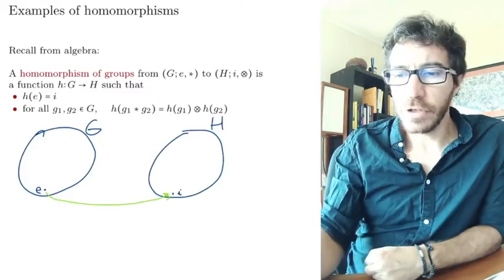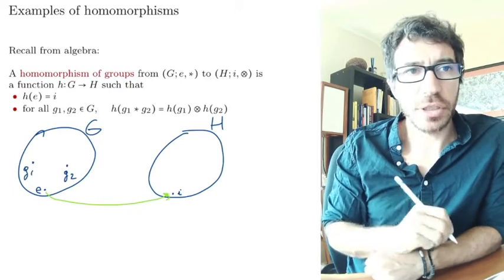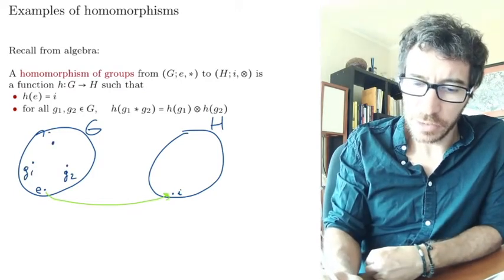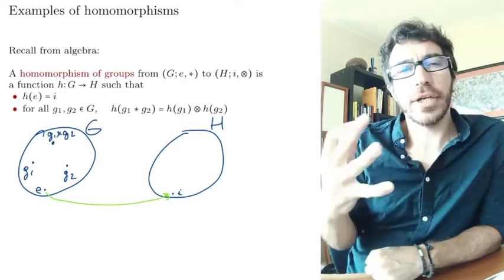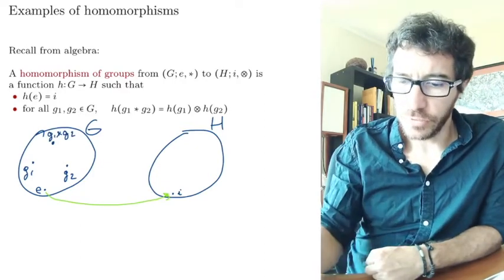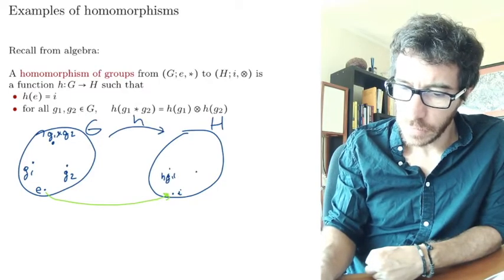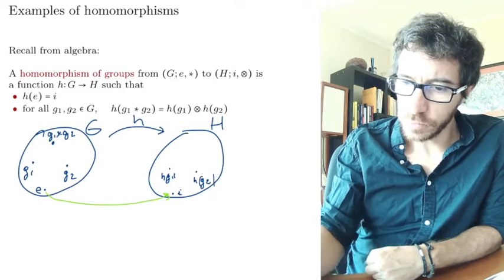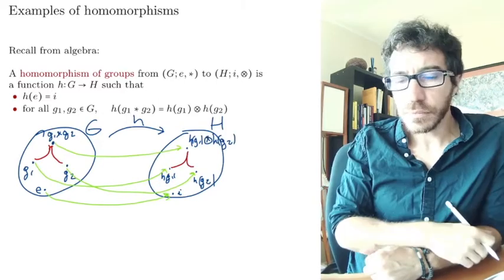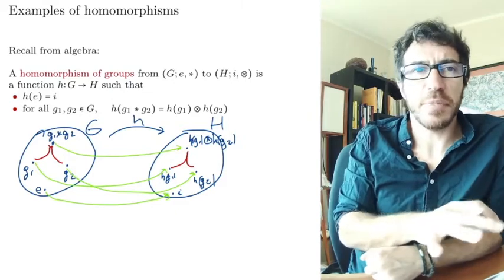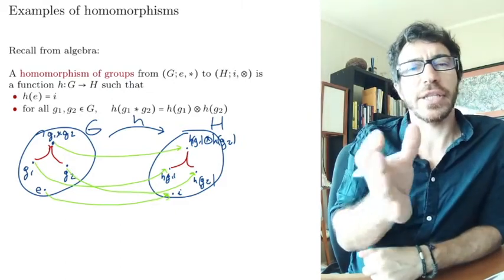Whenever you have G1 and G2 in G and you multiply them, G1 star G2, you get the same thing on the other side. So if here is H of G1 and H of G2, then when you multiply them, you get the corresponding element. That means if you multiply before applying H or after applying H, it doesn't matter, you get the same result.